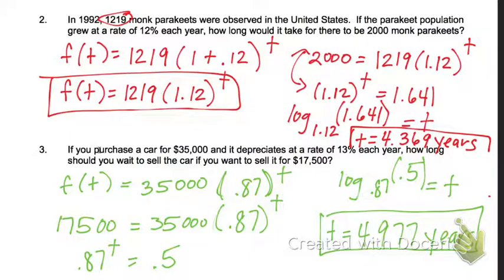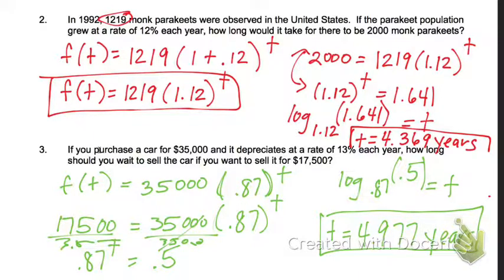So once you get the equation, from there you divide by 3,500 on each side, and then you get 0.87 to the t power equals 0.5. Then you switch it, the 0.87 goes down, the t and the 0.5 switch. Why do they switch? You're switching it from exponential to logarithmic form.